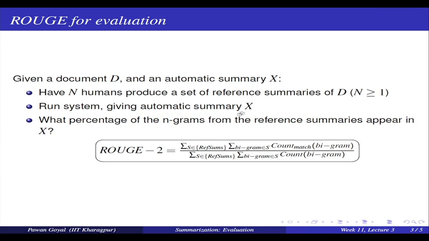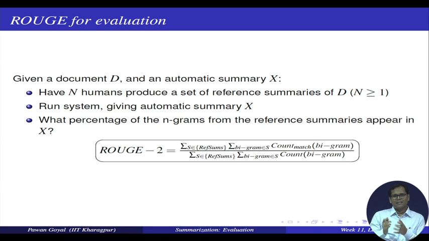Now I have the automatic summary X. So what I will do, I will find out what percentage of the n-grams from the reference summaries appear in X. So this is like I am finding the recall, how many n-grams from my reference summaries are appearing in the system summary. So this n I can vary from 1, 2 and so on. If I take n is equal to 1, this is the Rouge 1 measure. If I take n is equal to 2, this is the Rouge 2 measure.